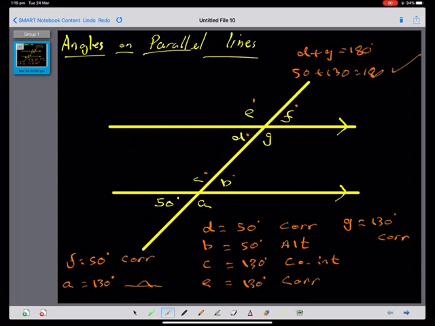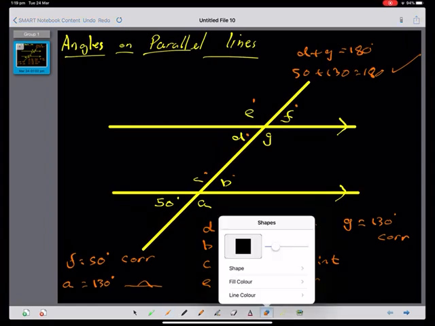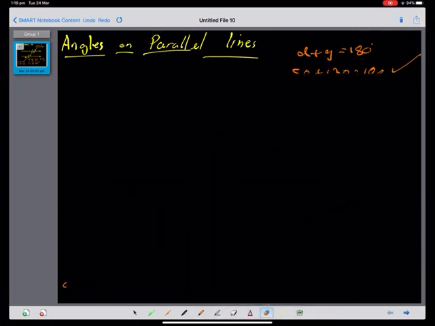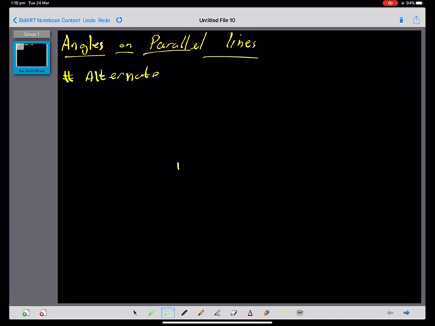Okay, so hopefully you should be familiar with some terms, and I would like you to write down the definition of each term. Okay, I would like you to define the following words. Alternate angle. Corresponding.